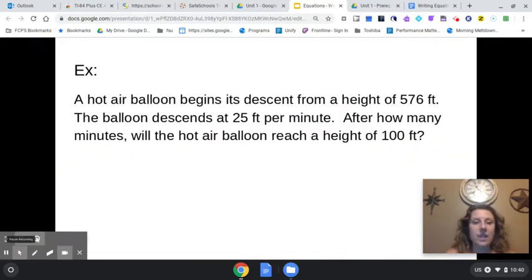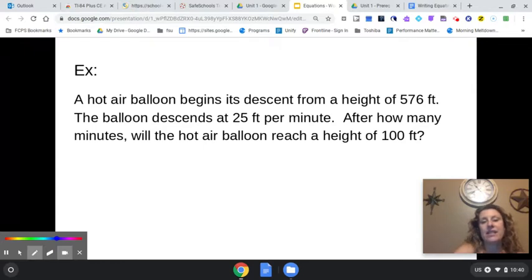Okay, the next example says a hot air balloon begins its descent from a height of 576 feet. The balloon descends at 25 feet per minute. After how many minutes will the hot air balloon reach a height of 100 feet? Okay, again, I'm going to highlight any keywords or phrases.